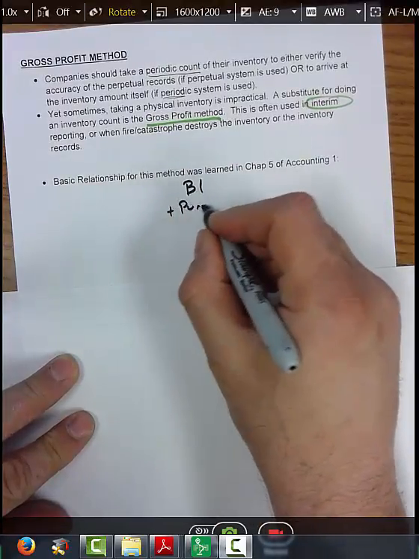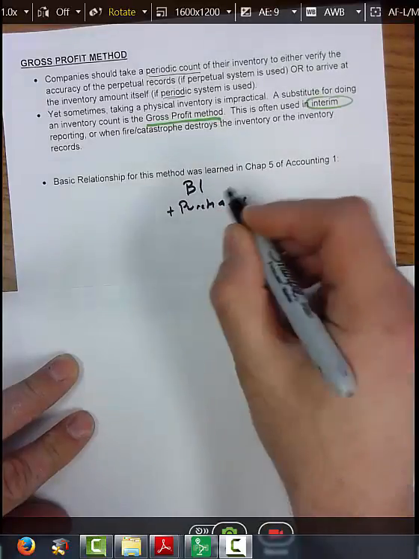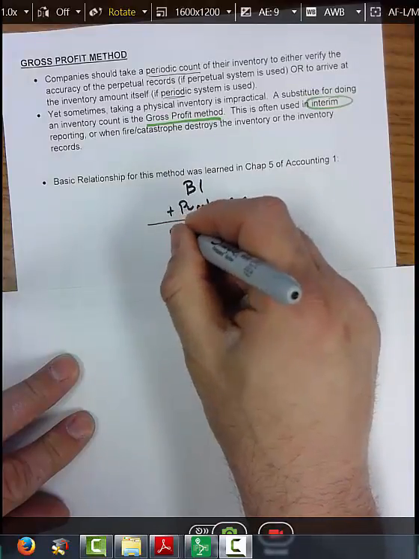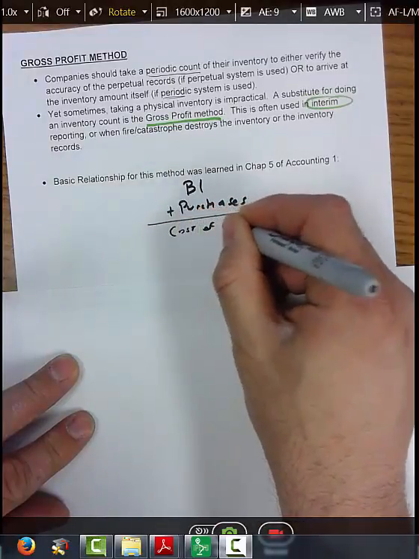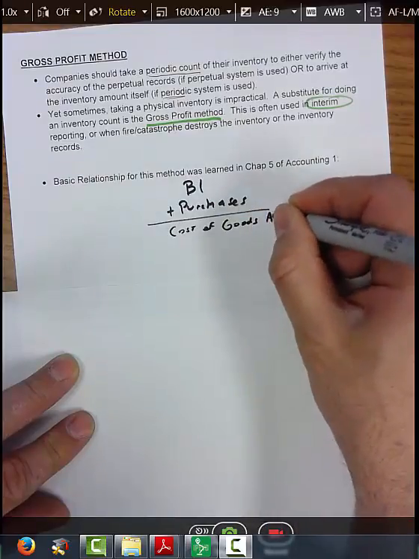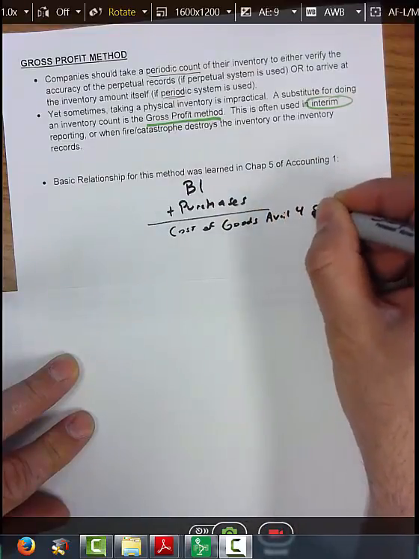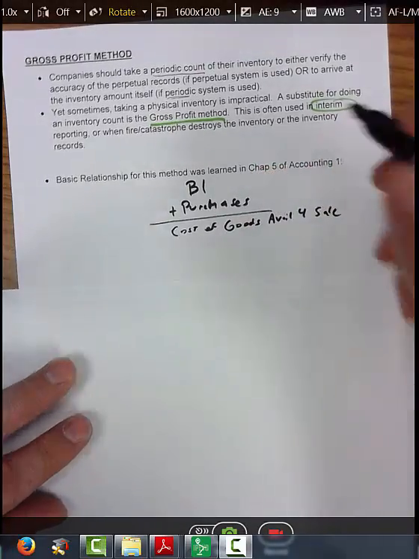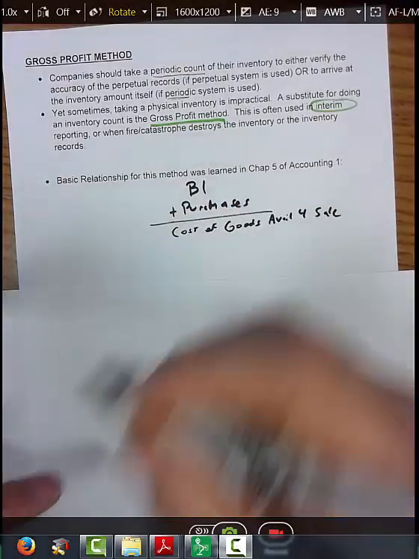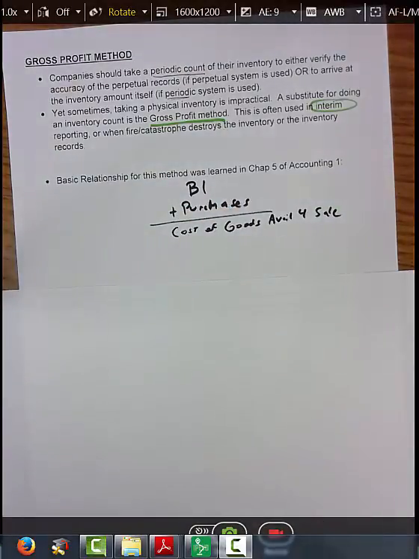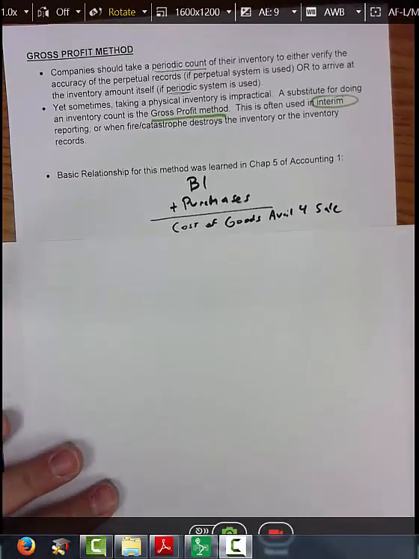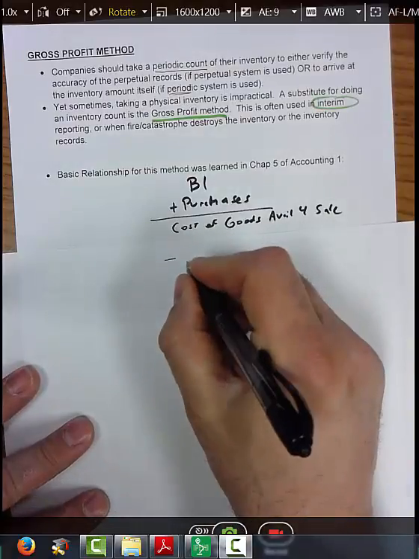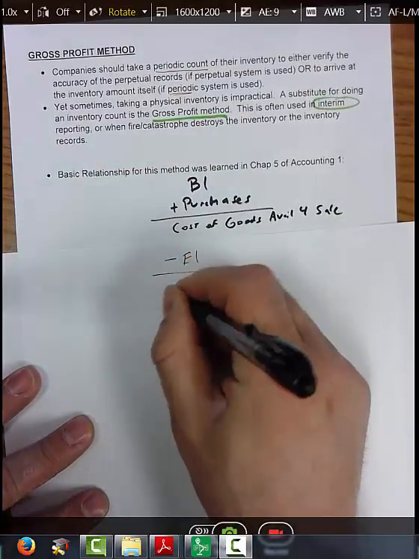Beginning inventory plus purchases equals cost of goods available for sale. Remember this? Usually, the way I taught it in Accounting 1, I subtracted ending inventory to get cost of goods sold.